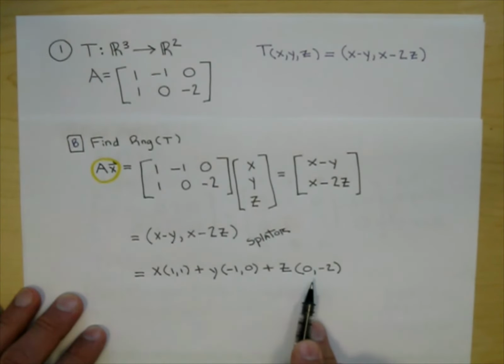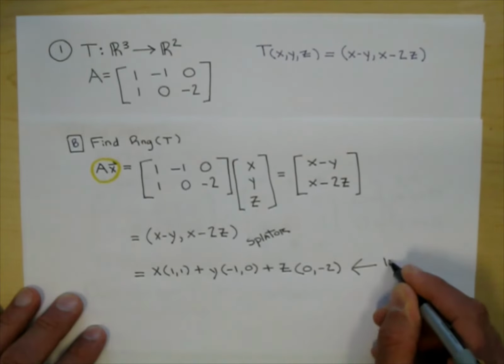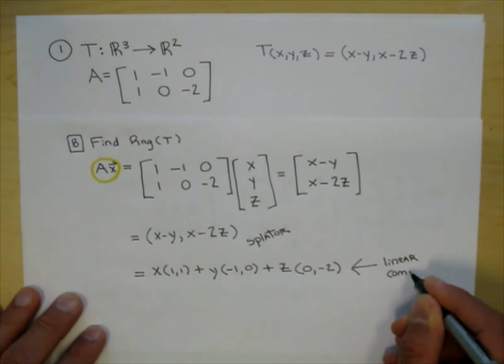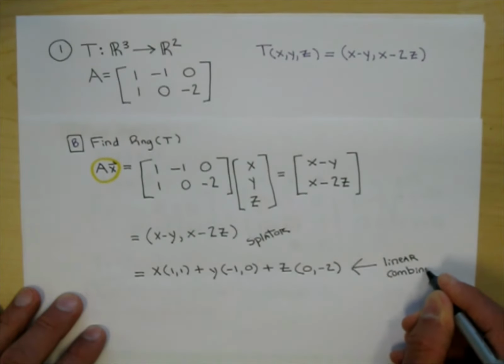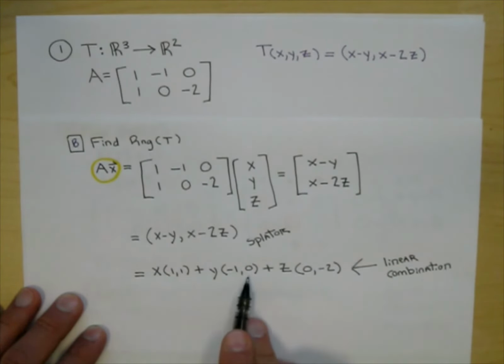Okay, so I've splactored and now I have a linear combination of how many vectors? Of 3 vectors.